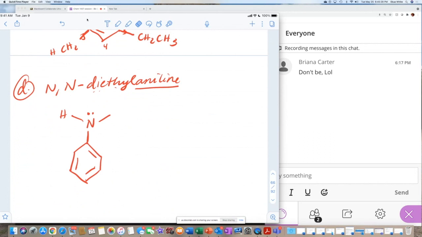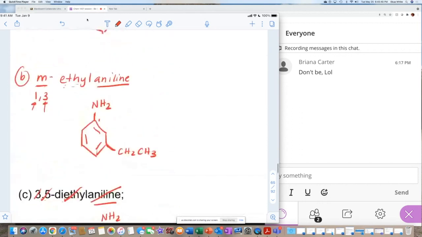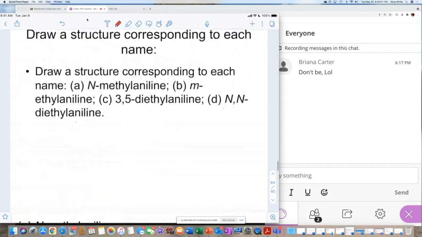So I have to erase this H and put one of my ethyls here, CH2, CH3, right? And then erase the other H and put my ethyl there, CH2, CH3. That takes care of everything. Aniline, diethyl on both, well, on the same nitrogen. Yeah, it takes care of that. I think I've covered everything.